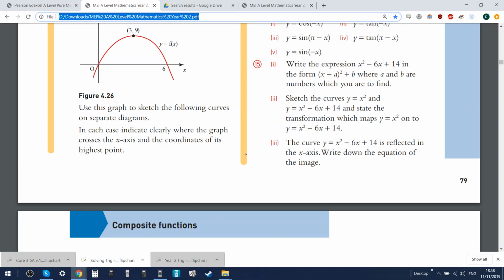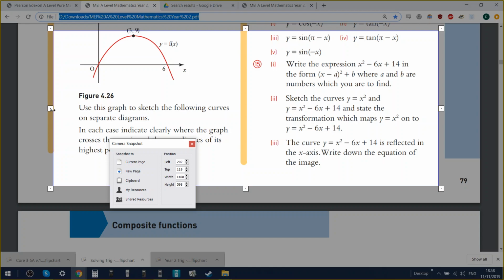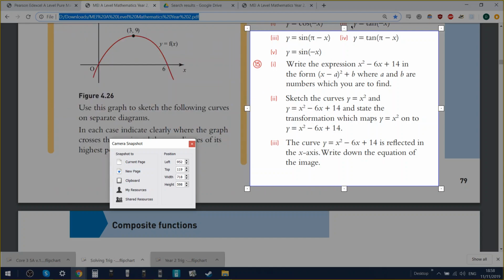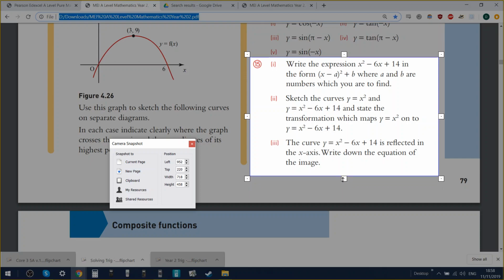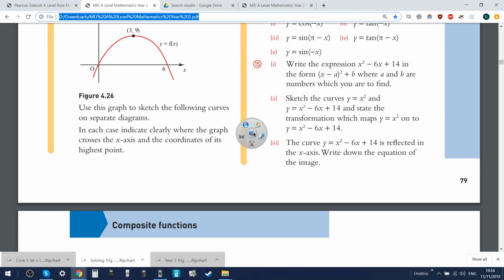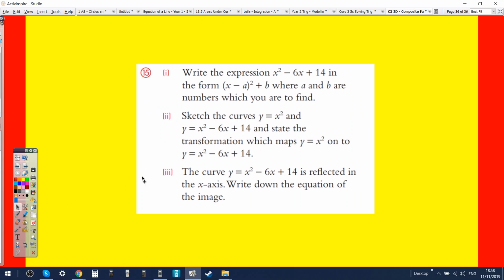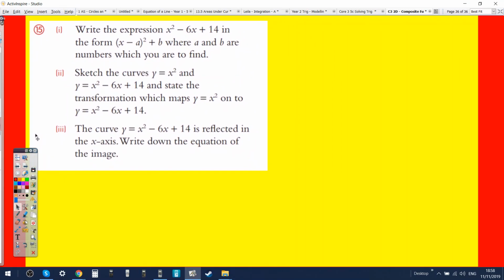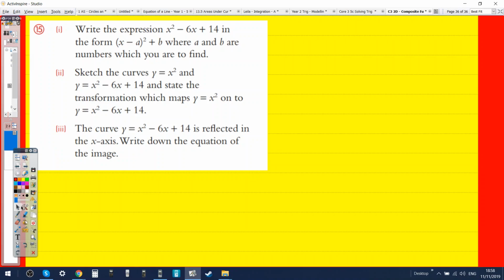The one before spells it out a little bit more. Question 15. How do you do that? Write the expression x squared minus 6x plus 14 in the form with a and b numbers which are to find.